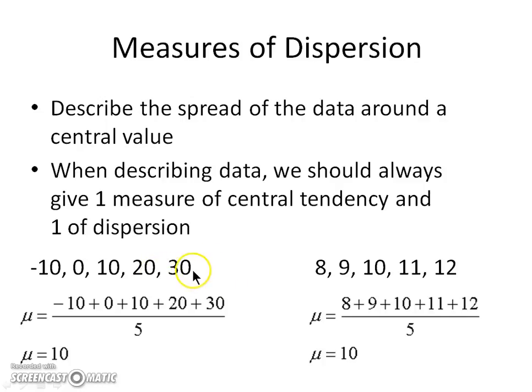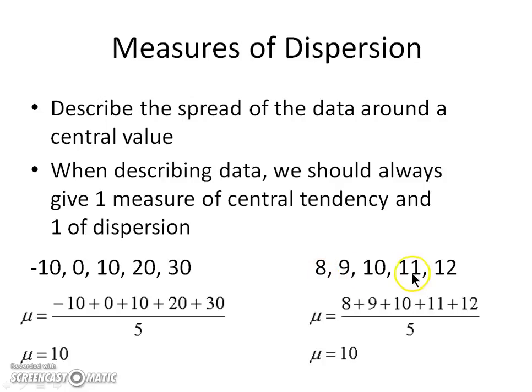However, if you look at the dispersion of the data in each set, you can clearly see that my first set, which starts from -10 all the way up to 30, is a lot more spread out than the second set.